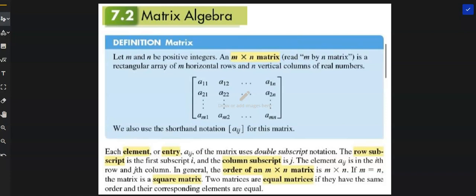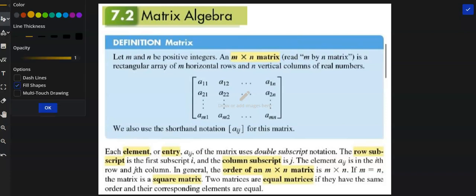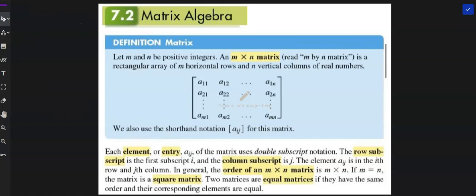So matrices are a way to organize information in rows and columns. Not sure how much you've been given in terms of understanding on this, but rows are counted down. Columns are counted to the right.